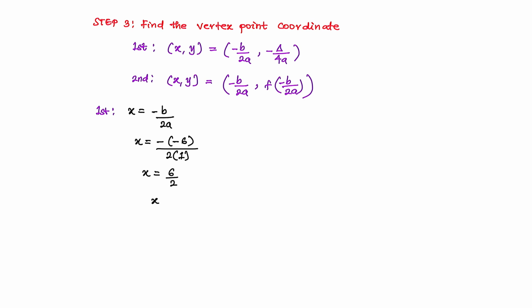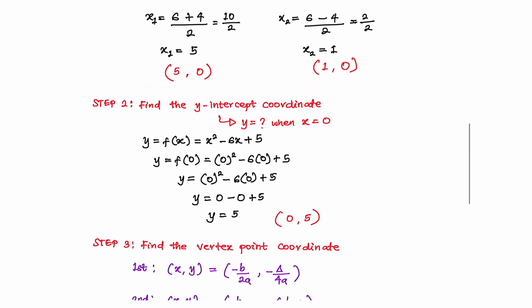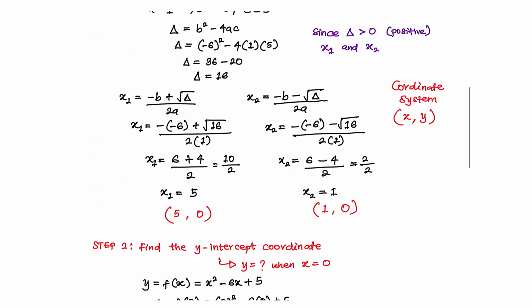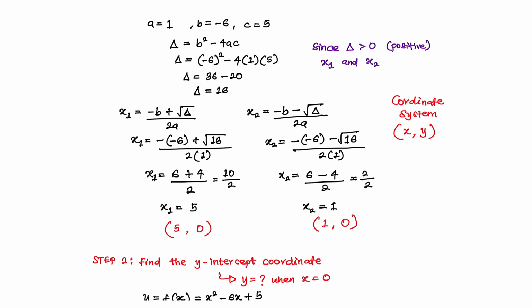So that means our x equals 3. And y equals minus delta over 4a. Recall that while we were looking for the x-intercept coordinate, we already calculated our delta, the discriminant, as 16.